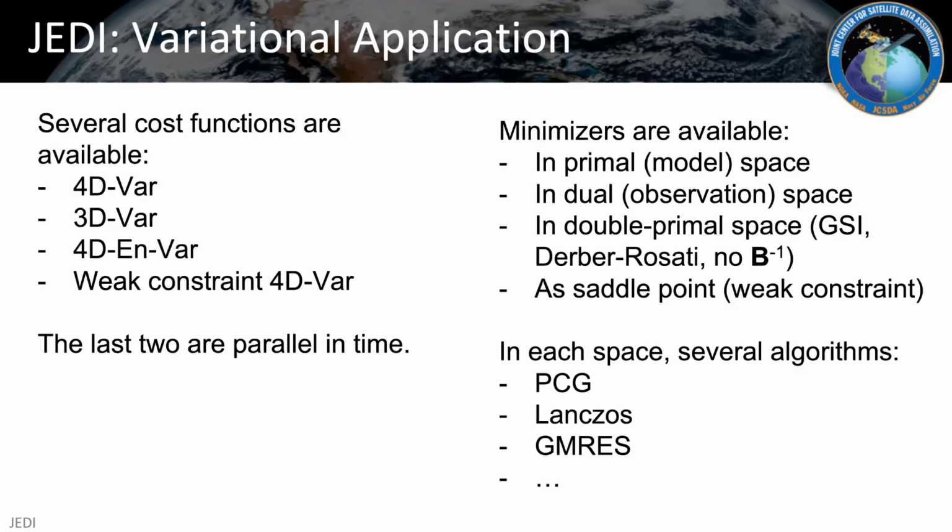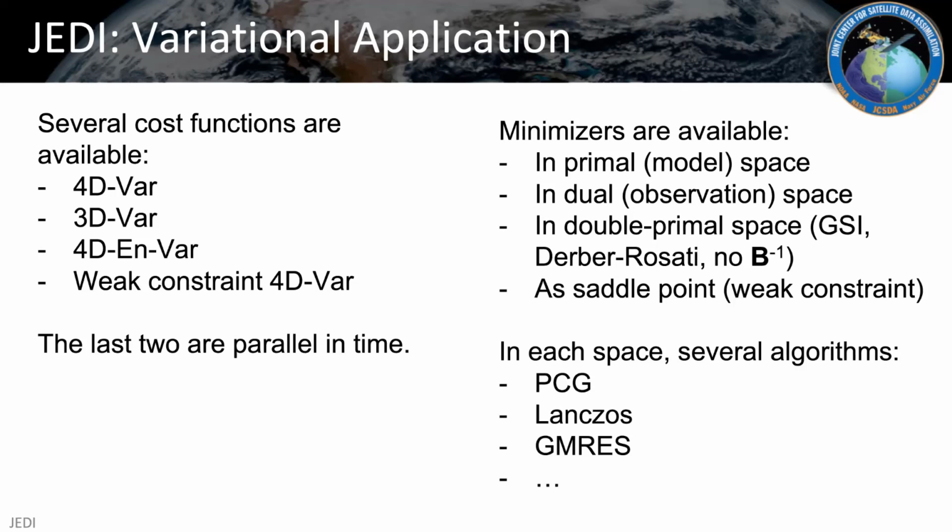There's a whole range of minimizers that you can try in primal and dual space in this double primal space. So this Derber-Rosati algorithm, that's what's done in the GSI as well. So that also is there in OOPS and JEDI. And there's also a saddle point algorithm for the weak constraint.